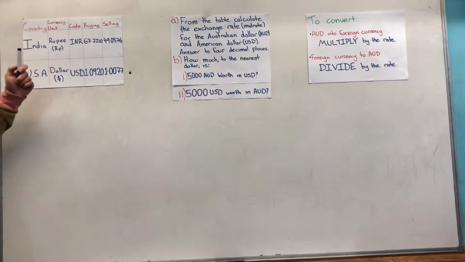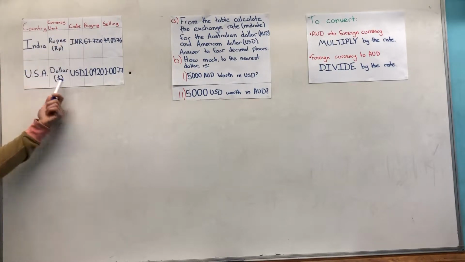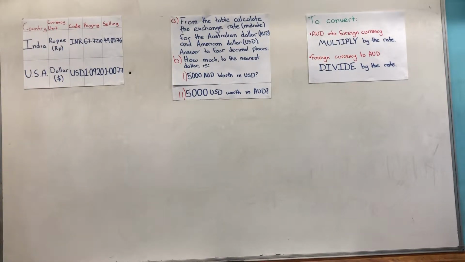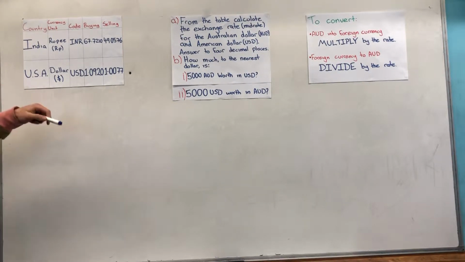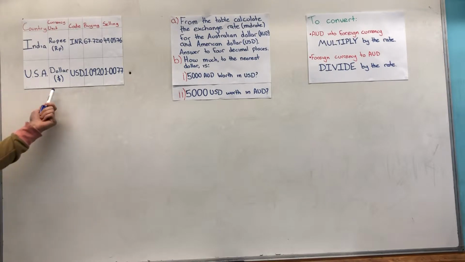Every different currency has its own unique code, and it's basically an easy way of identifying what currency each country uses. Today we're doing a few examples of swapping Australian dollars with India's currency, which is rupees, and America's currency, US dollars.